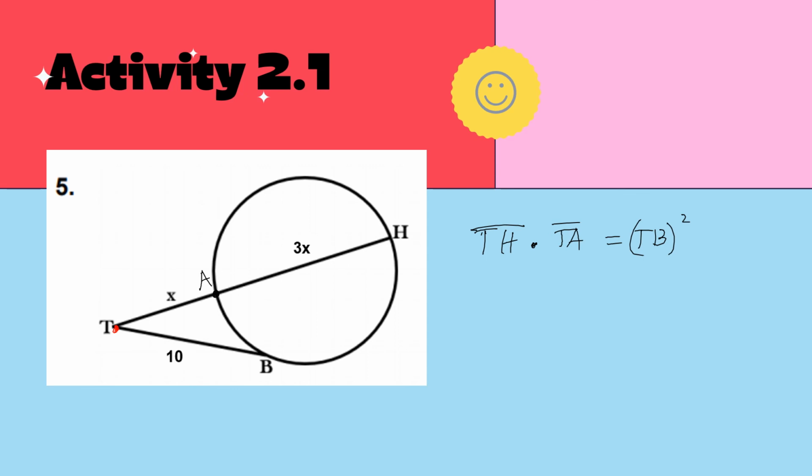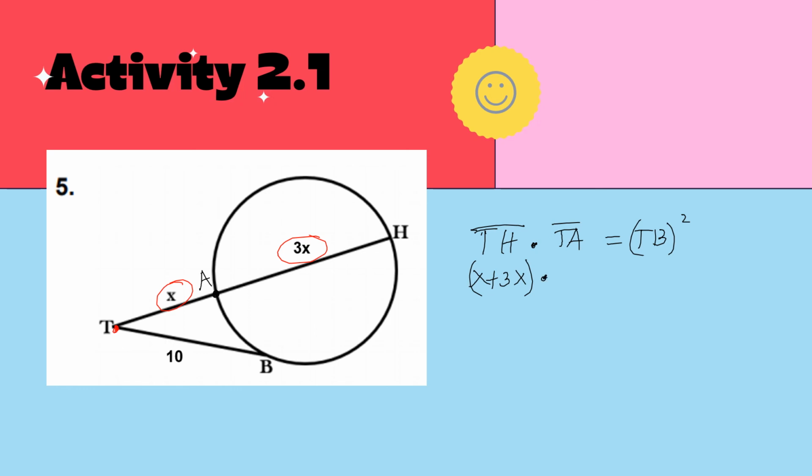So, ano ang measurement ni TH? From T to H, i-add mo yan, dalawang yan. Kasi, yung X na yan, TA lang yan. Yung 3X na yan, AH lang yan. So, yung buo, we're going to add this 2. So, it's X plus 3X. That's the measurement of TH.